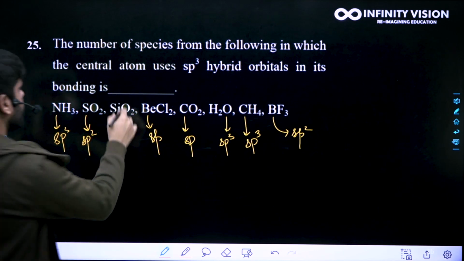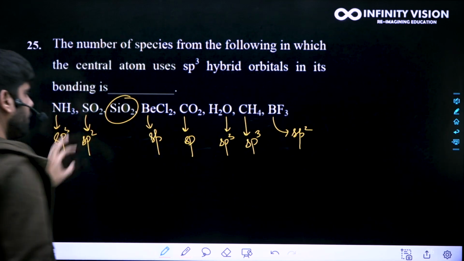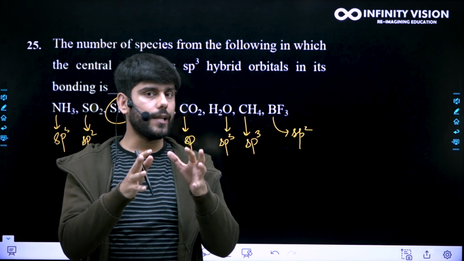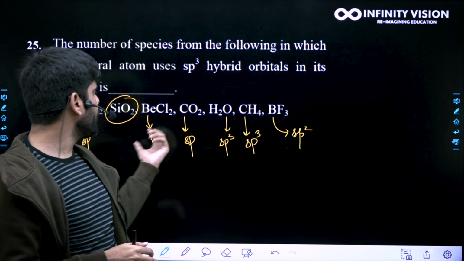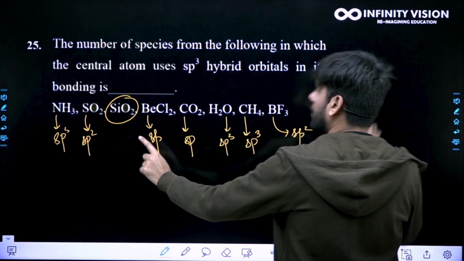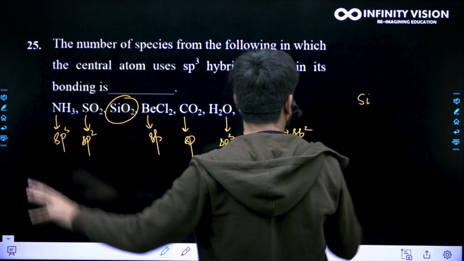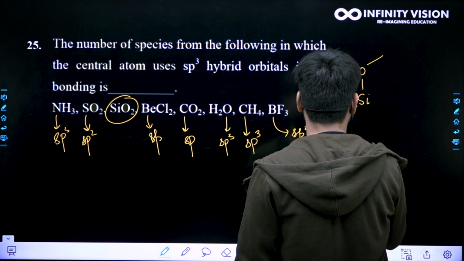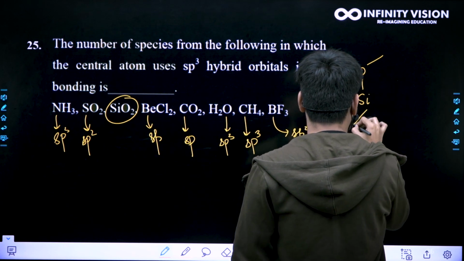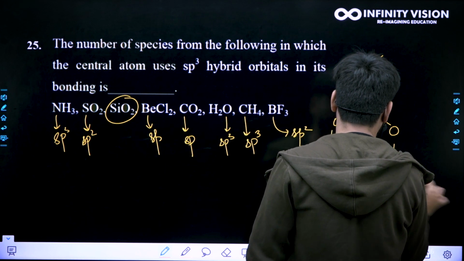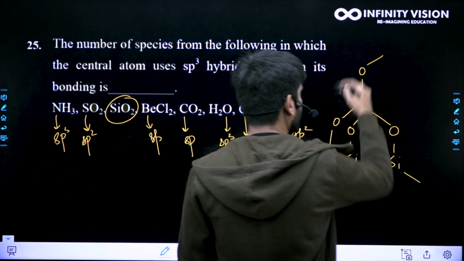Now we are left with SiO2. Now we know that in most of the cases, SiO2 forms 3D network solids. We already know this from silicates, right? And it favors tetrahedral coordination. This silicon, we can show it like this, and this goes on again.